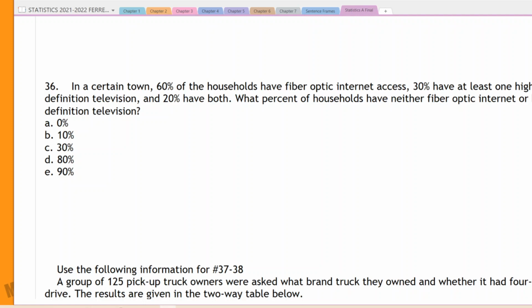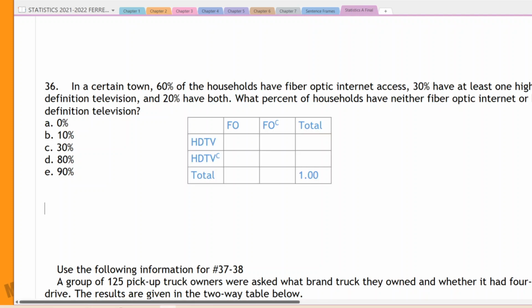For this one, it sounds like we need to make a chart. If I take a look at the chart, we've got fiber optic and no fiber optic, which would be fiber optic complement. We have HDTV and HDTV complement. In the bottom right, we have our totals adding up to 100%, or just a 1.